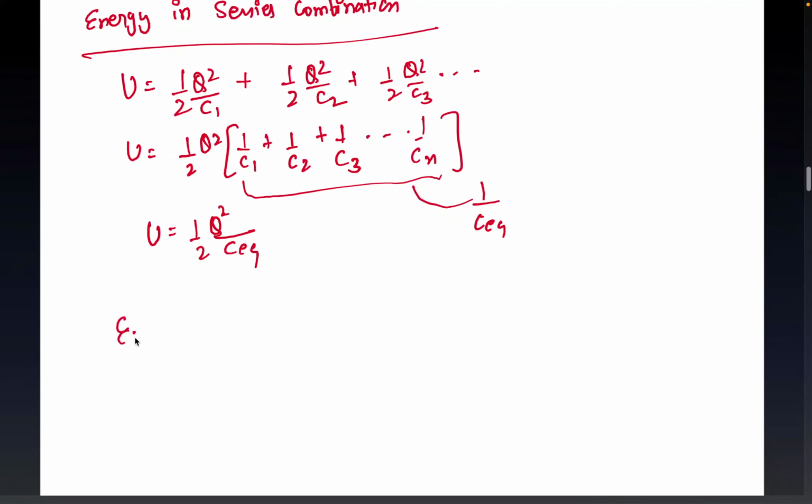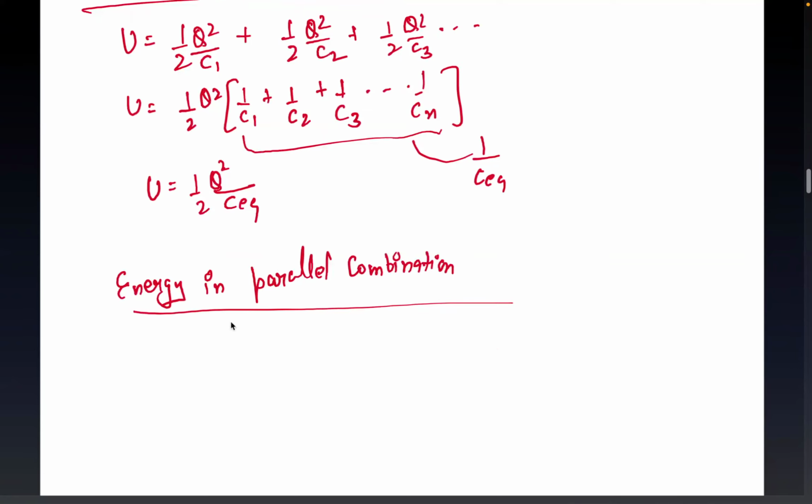Energy in the parallel. Look, when we do these kinds of problems, we have to figure out which thing is common in the particular case. For example, in parallel, my voltage is constant, so I'll be taking energy in the form of voltage. What is that? Half C1 V1 square plus half C2 V2 square plus half C3 V3 square.